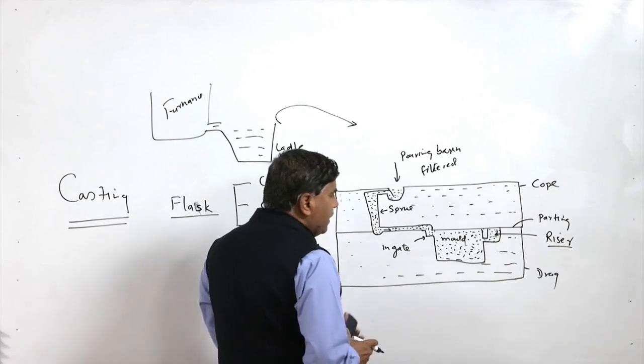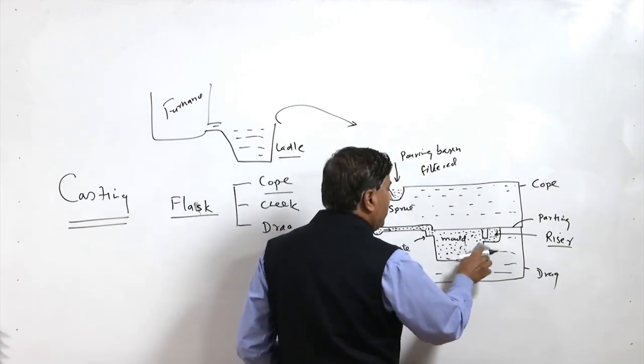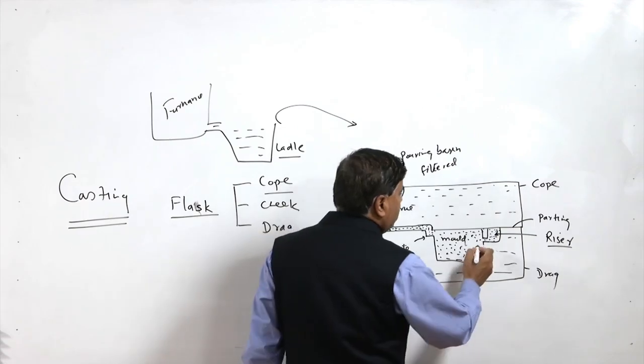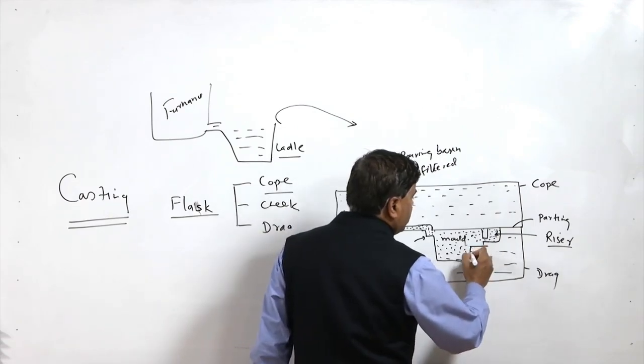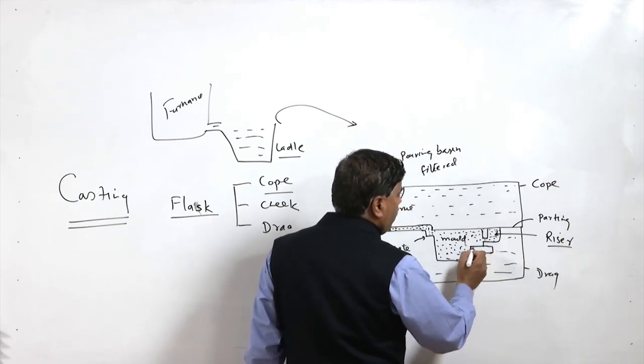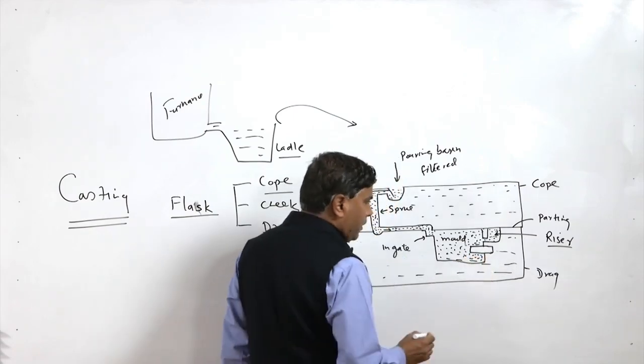And if any internal cavity is to be made, then that modification is also made here. Say if an internal cavity of a particular shape is needed here, then we put one core. So, this is the core. This is the region where molten metal will not be able to enter due to the presence of the core.